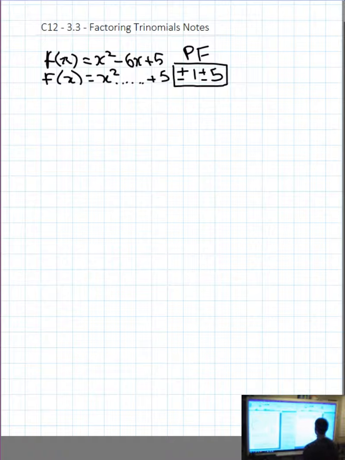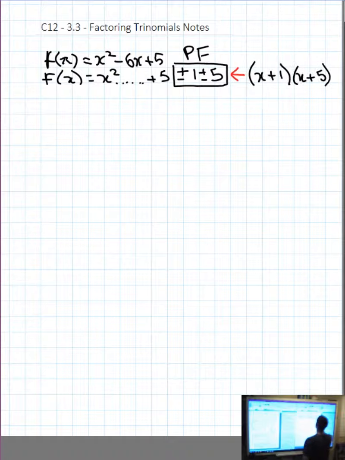So, for example, in this line, if all I had was x squared and 5 at the end, it could factor to be x plus 1 and x plus 5, or it could be factoring to be x minus 1 and x minus 5.